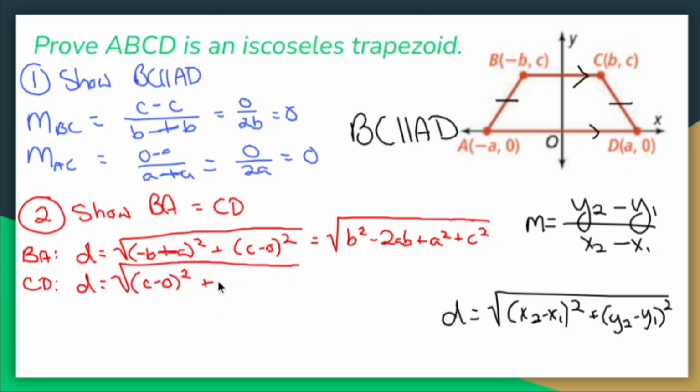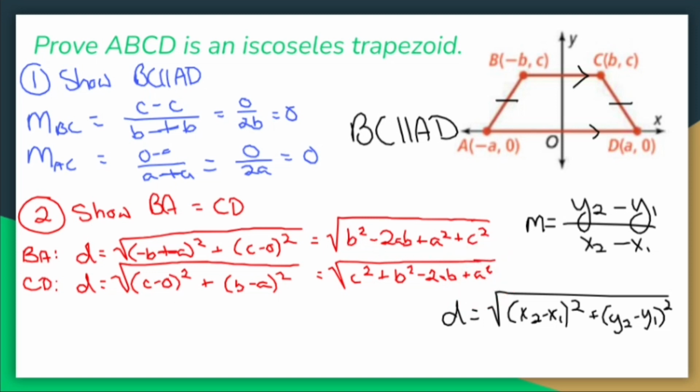Plus b minus a squared. C minus 0 squared is c squared, so there's my c squared. B minus a squared using perfect square trinomials is going to be b squared minus 2ab plus a squared. So there it is, the same exact thing.